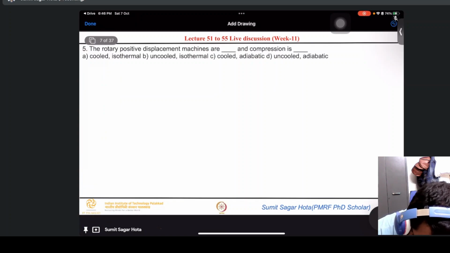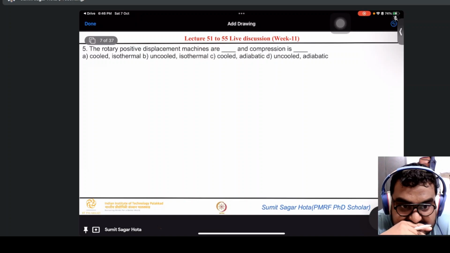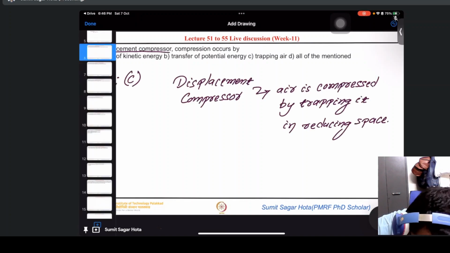The rotary positive displacement machines are dash and compression is dash. Displacement is here.